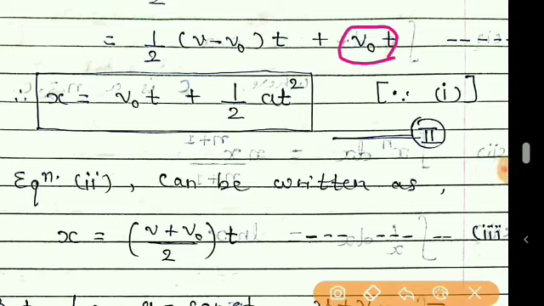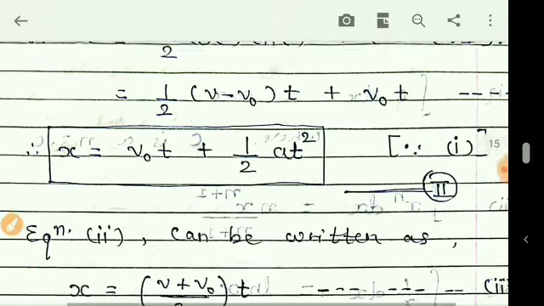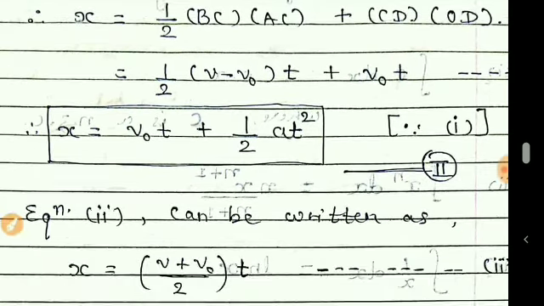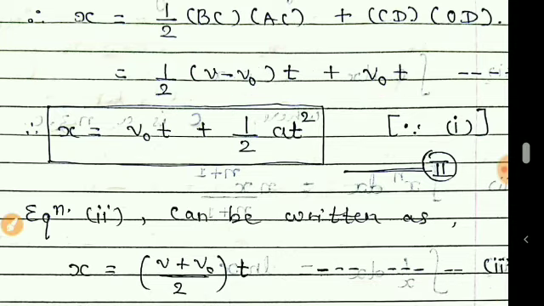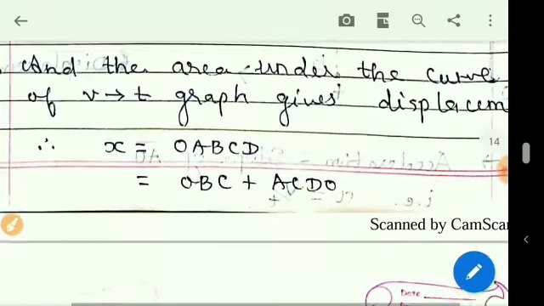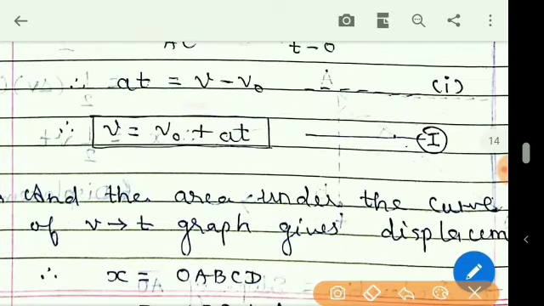Now students, next is simple mathematics. You can see V naught T as it is, X on the left side as it is. But what is this V minus V naught? From equation number 1, you can see V minus V naught is AT.